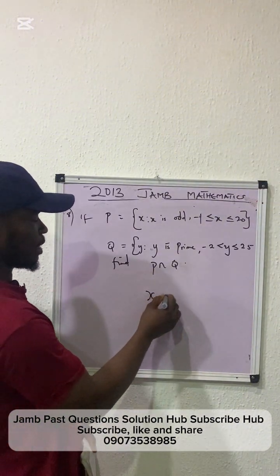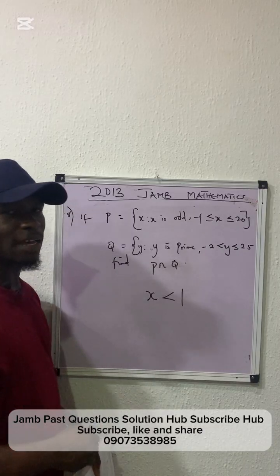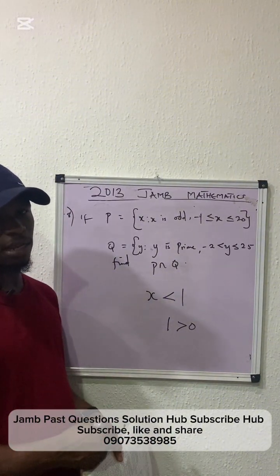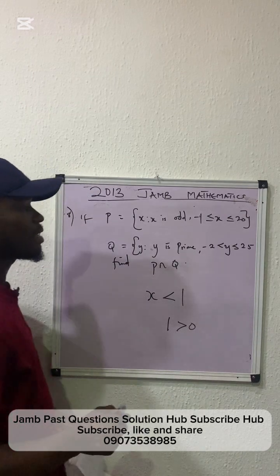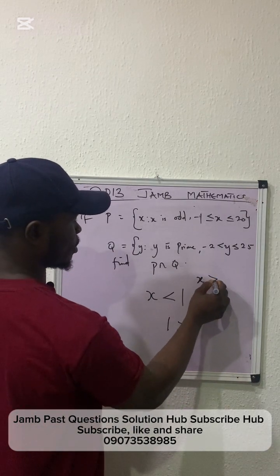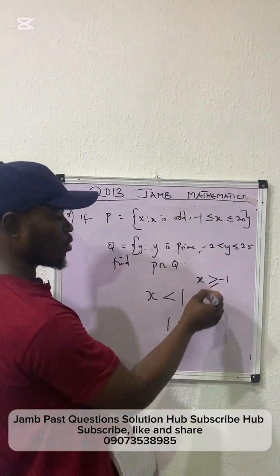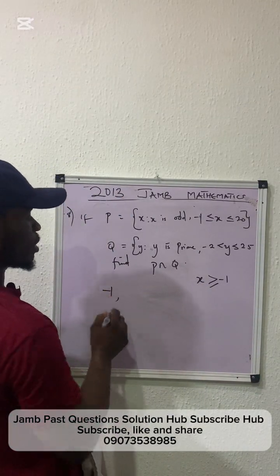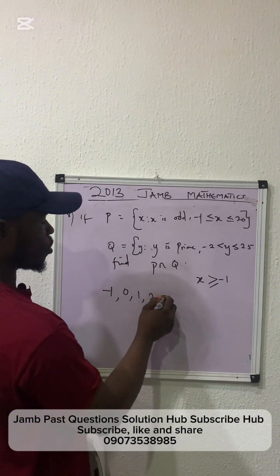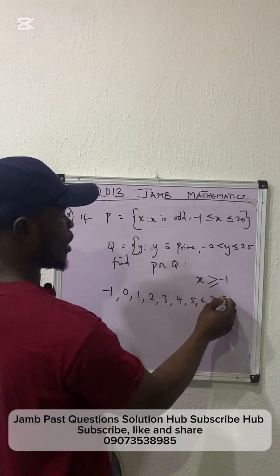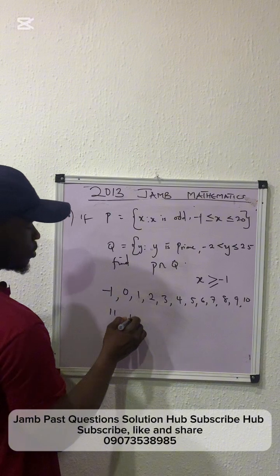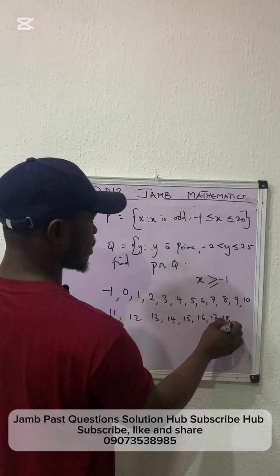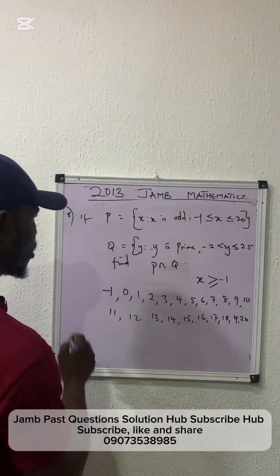If X is greater than or equal to -1, our range of values for X starts with -1, 0, 1, 2, 3, 4, 5, 6, 7, 8, 9, 10, 11 down to 20, 13, 14, 15, 16, 17, 18, 19, and 20, because they said equal to 20.